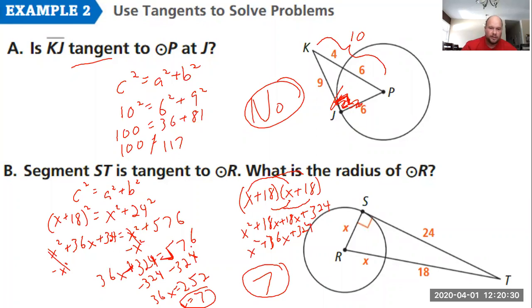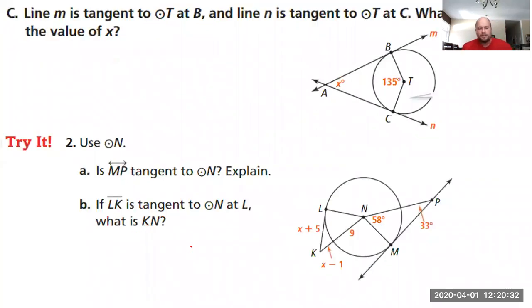Okay. Let's go to the next one. On the next slide here, it says line M is tangent to circle T at B, and line N is tangent to circle T at point C. What is the value of x? One of the things you have to recognize here is that shape.